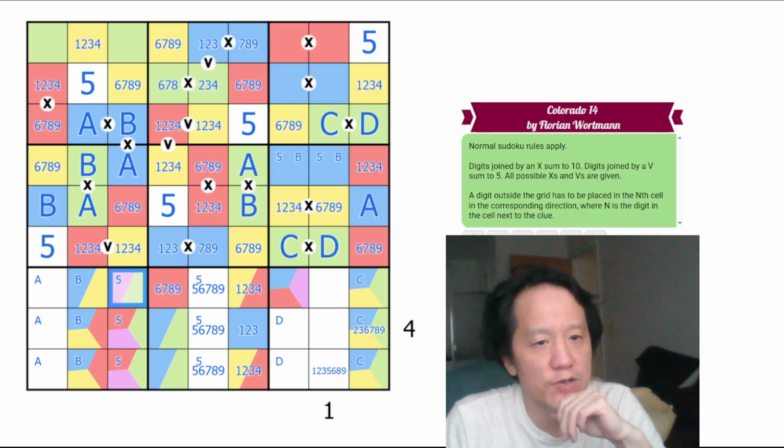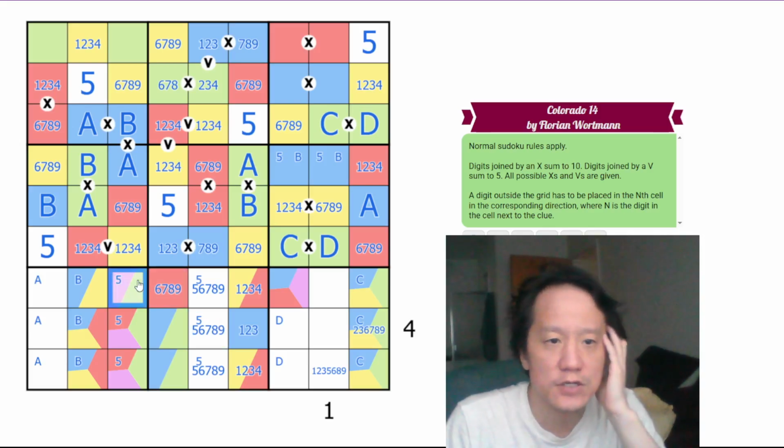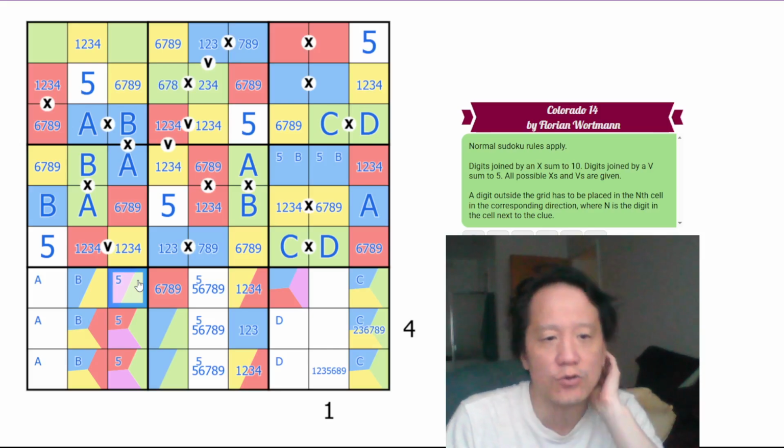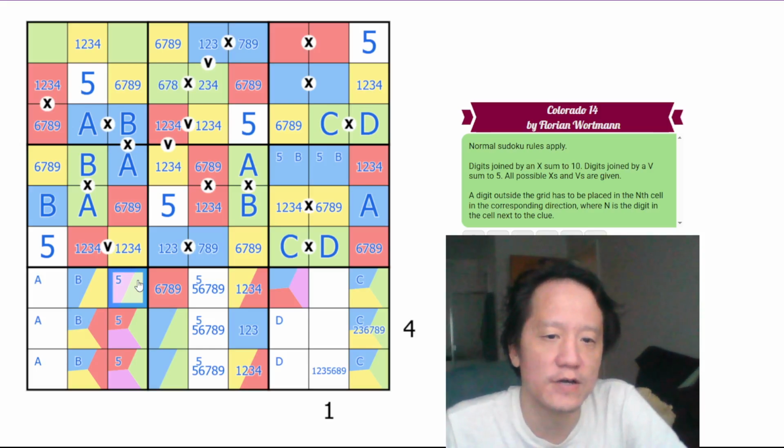Obviously can't be the low red because that would have to be an X in between those. So this is either the green or the pink, which is 5. This is the high 6 through 9, the high yellow.